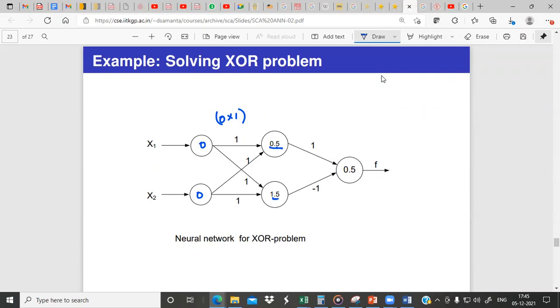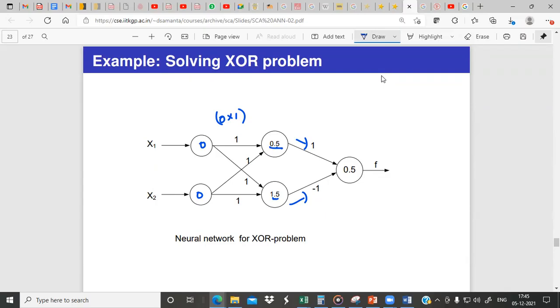Another important thing: if this value is greater than 0.5, this neuron is going to produce 1, whereas if it is greater than 1.5, the other neuron is going to produce -1. So it is not always that if it is greater than the threshold, it should produce 1. It depends. This neuron, if its input is greater than 0.5, produces 1, otherwise it produces 0. Whereas this one, if it is greater than 1.5, produces -1, otherwise it produces 0.